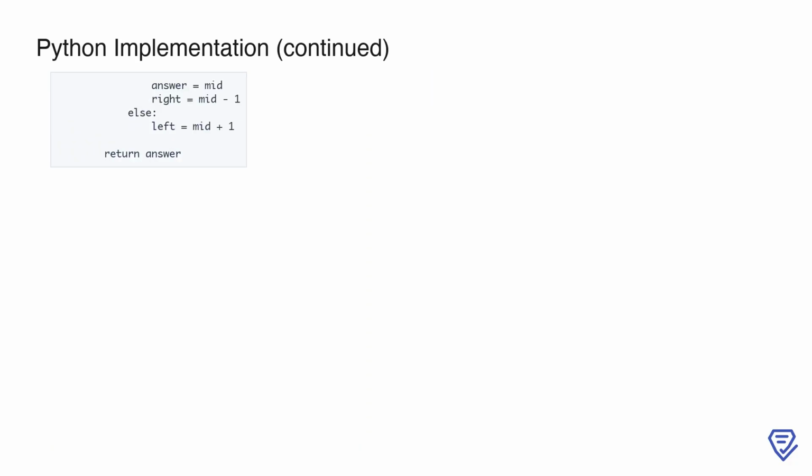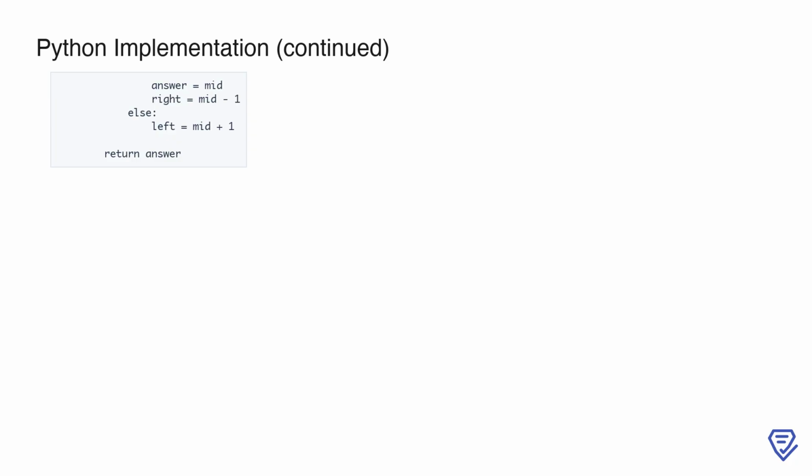Here, we implement the binary search loop to find the minimum number of days needed. While the left pointer is less than or equal to the right pointer, we calculate the midpoint by averaging the left and right pointers. We then check if it's possible to make the required number of bouquets within mid days by calling the canMakeBouquets function.